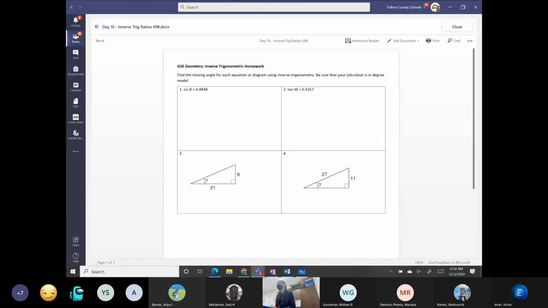It's actually quite easy. The first two are like the calculator practice. You guys could probably get this done quite fast. The first two are just calculator practice where you're using the inverse to find B and W. And then for numbers 3 and 4, you're just going to use the inverse to find the missing angle measure.